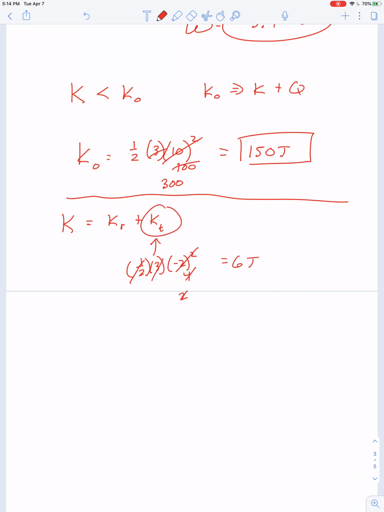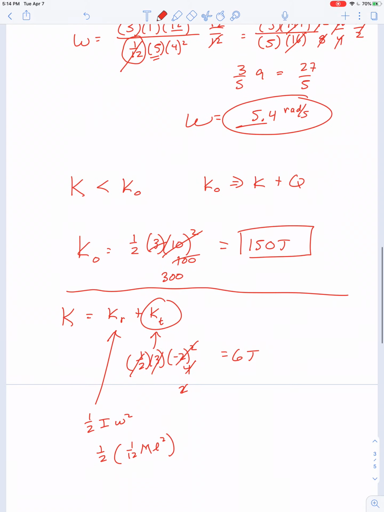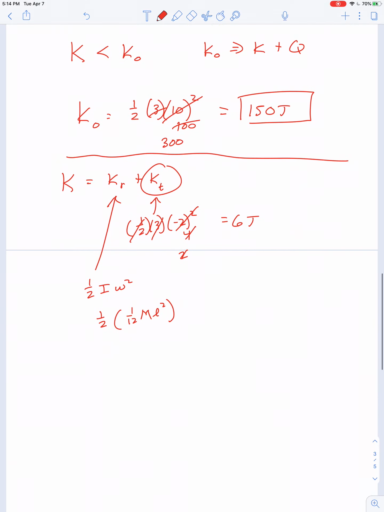That's 1/2 I omega squared, so 1/2 times 1/12 ML squared times omega squared. We know omega is 5.4 radians per second. So I is 1/12 times 5 times 4 squared, which I believe comes out to 6.67.